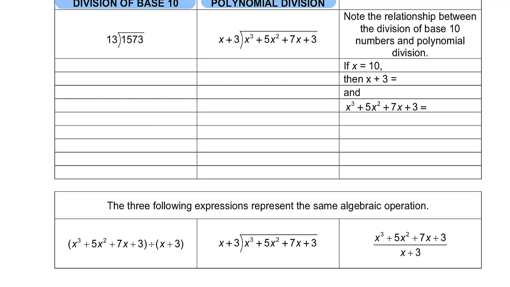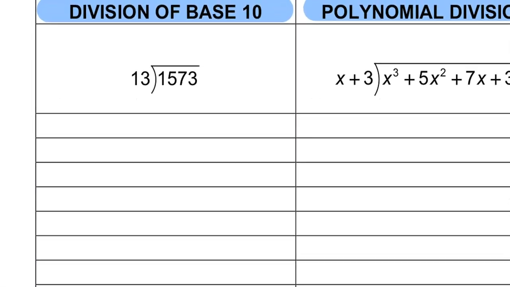Okay, so let's go here. If you remember correctly, when we do division, usually you take the divisor, 13, and we will ask how many times does it go into 1, which it doesn't go into 1.